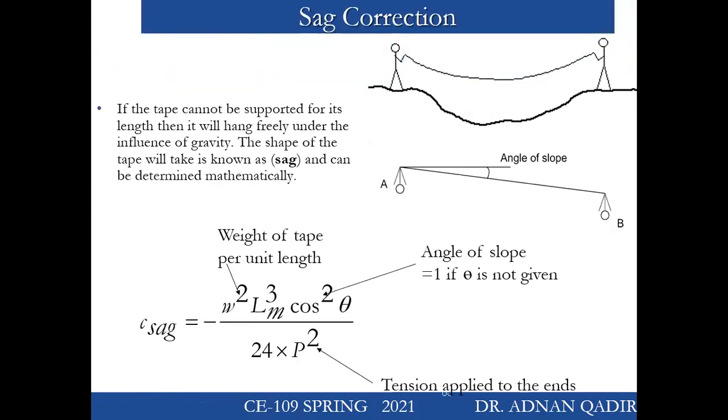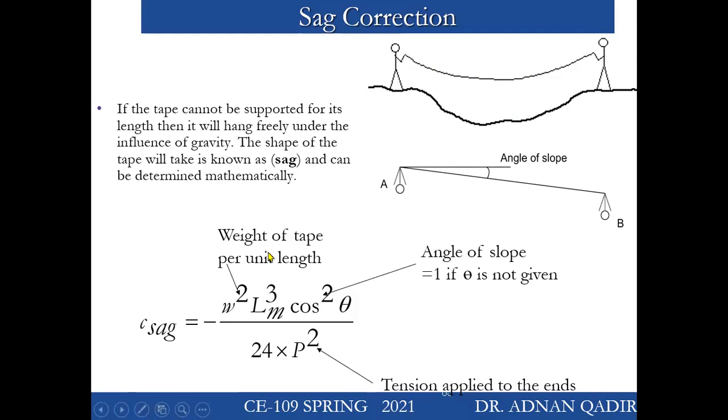Then there is a sag correction. Here you will see this complex equation, and sag correction is always negative because you are measuring more length than is required. If you have a full stretch, then this distance is actually measured along the curve, and you always know that along the curve there is more distance as compared to the straight line. So whatever you have measured is more, and whenever you measure more, you have to subtract from the actual distance.